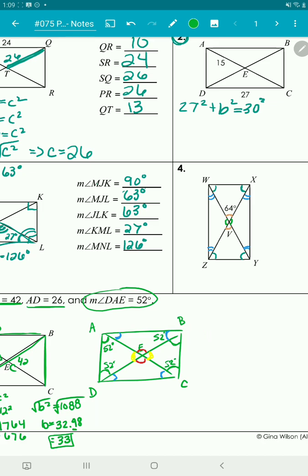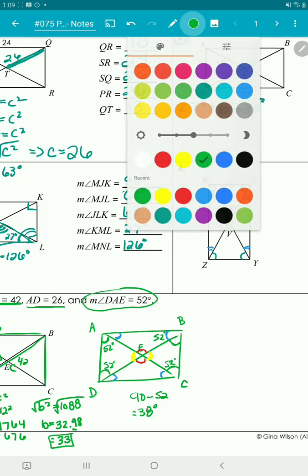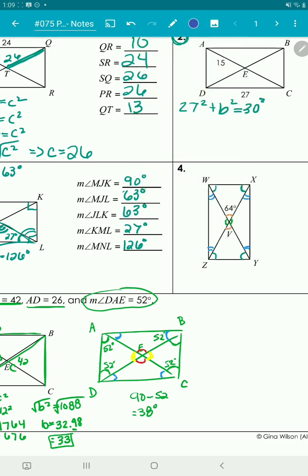So in order to find the other angle here, we need 90 minus 52, which is going to give us 38 degrees. So all the blue ones are 38 degrees.